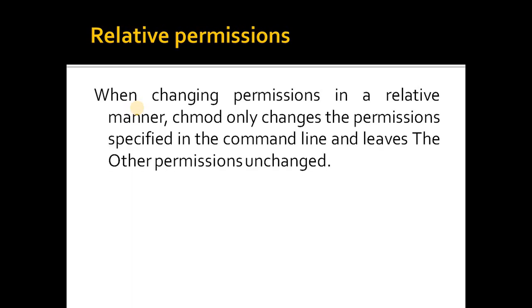First we shall see the relative permissions. When changing permissions in a relative manner, chmod only changes the permissions specified in the command line and leaves the other permissions unchanged. In this mode, it uses the following syntax.